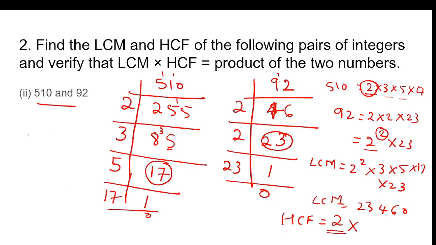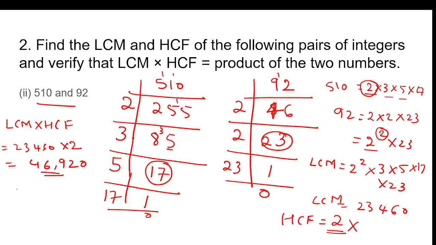We have to find out the product of LCM and HCF. So product of LCM and HCF will be equals to LCM into HCF. LCM is 23,460 into HCF, which is 2. So this is going to be 46,920.